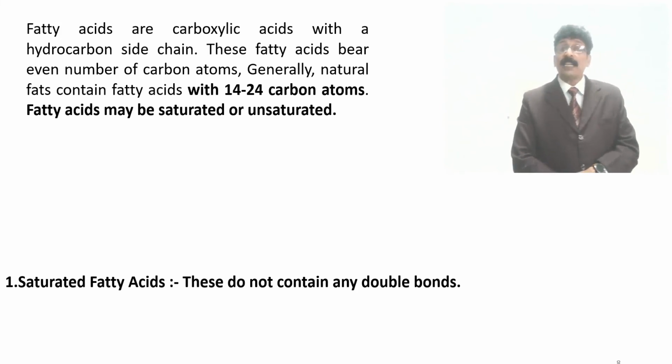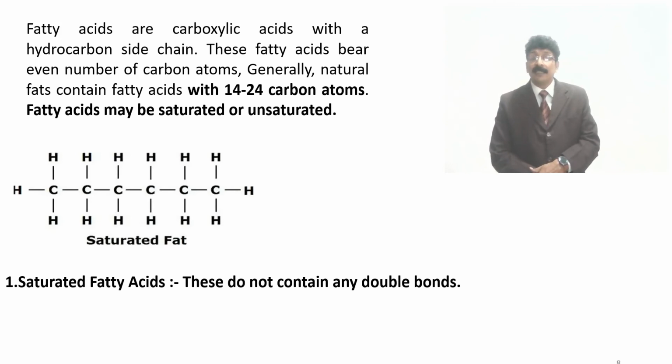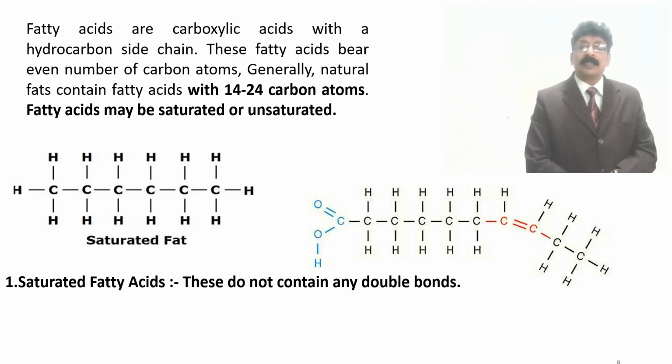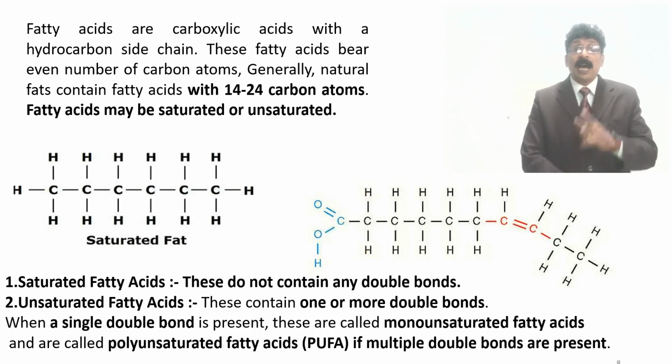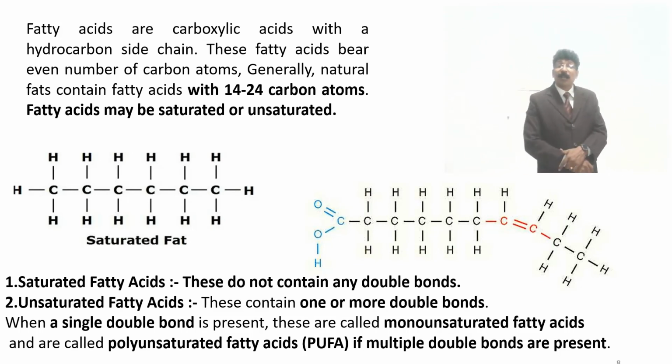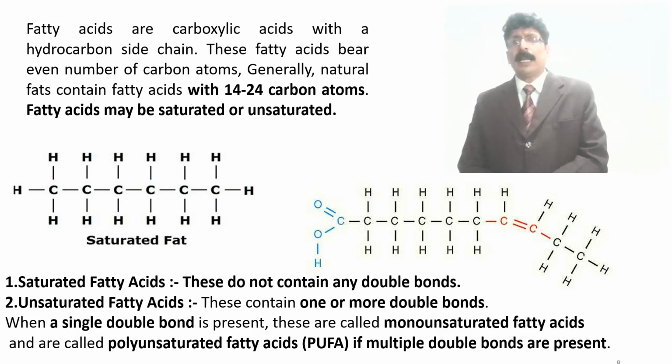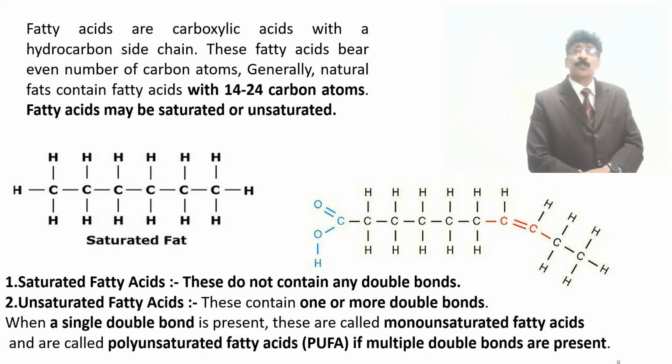Saturated fatty acids do not contain any double bonds, like this. But in unsaturated fatty acids, the second structure, you can see there is a double bond. There are compounds with a single double bond, 2 double bonds, and 3 or multiple double bonds.